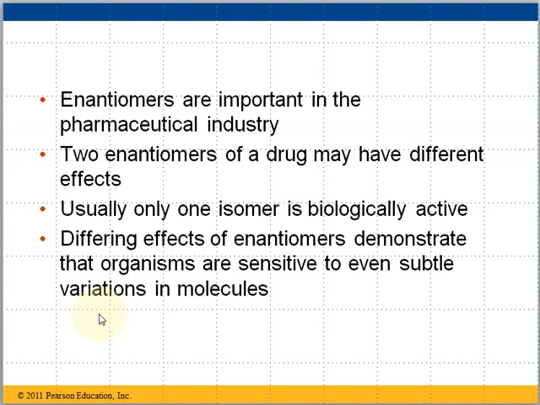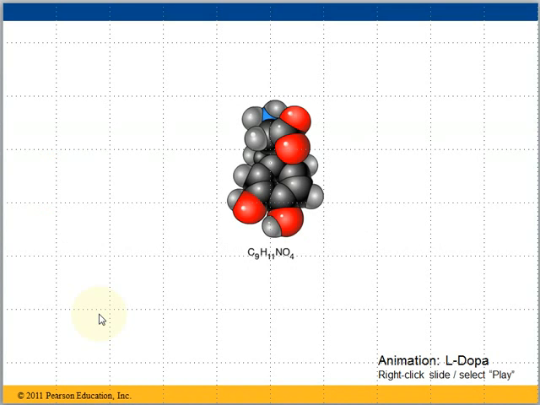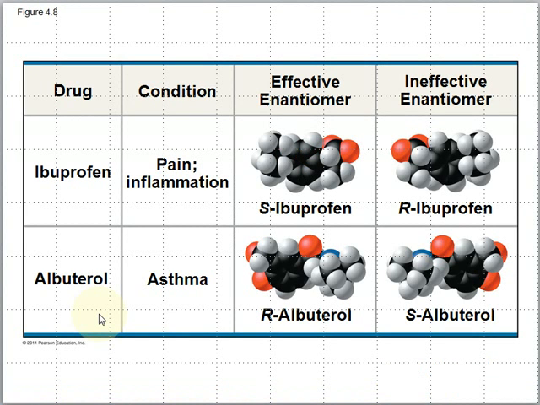That demonstrates how sensitive living creatures are to these slight changes in the way these molecules are put together. Here we have a quick animation about a particular compound called L-DOPA. If you right-click on this and hit play, it'll talk about how these enantiomers make a difference, how the left one might be active, but the right one is not within the human body. And then here's a good example if you didn't watch the video or just need one more example.